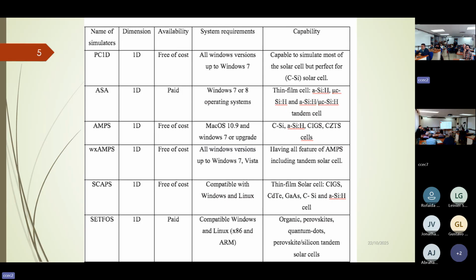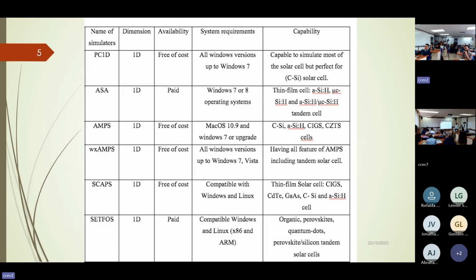For solar cells, there exist different kinds of simulators, such as PC1D and SPSA. Here we have the availability, dimensions, system requirements and capability, and which kinds of simulators can simulate which types of solar cells. I'll focus on SCAPS.